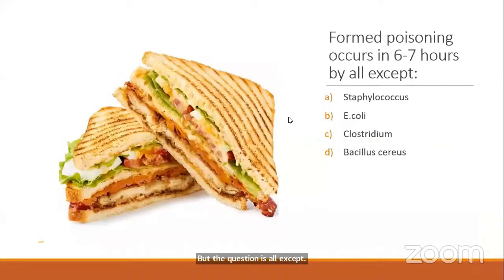Not Clostridium, it is E. coli. E. coli diarrhea or poisoning will always occur after a time period of more than 24 hours. All the others, Staphylococcus or Clostridium botulinum or emetic toxin of Bacillus, can cause manifestation within a period of around 6 or 7 hours.